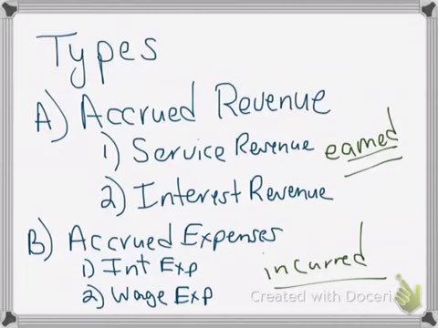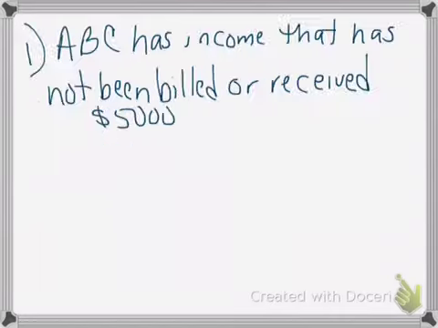We're going to pay at a future time, and this would be those like interest expense and wage expense. Remember, with these we are using the revenue recognition principle and the matching or expense revenue principle. Those are the principles that we use when we look at adjusting entries.